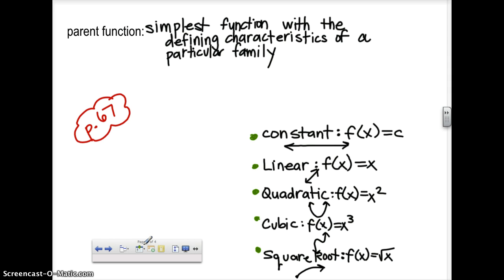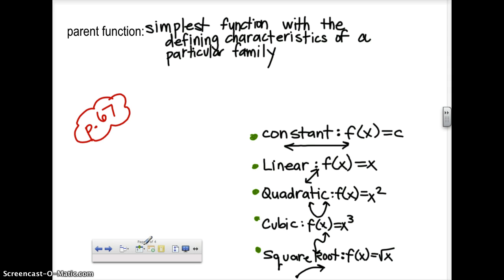Cubic, domain is all reals, range is all reals. Square root, the number inside the radical has to be greater than 0. The range, whenever you take the square root, you always get a positive number, and so your range will always be greater than 0. All numbers greater than 0. That's for this most basic one. As we transform things, the domain and range also change.